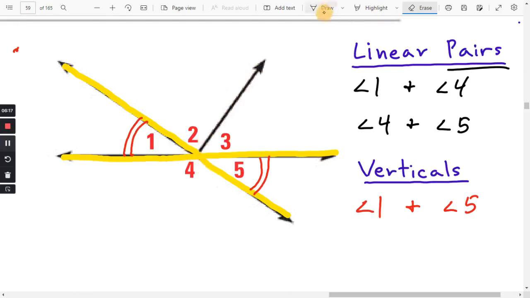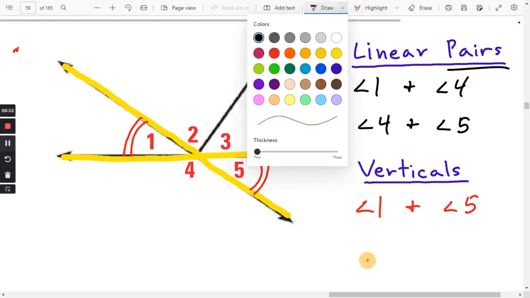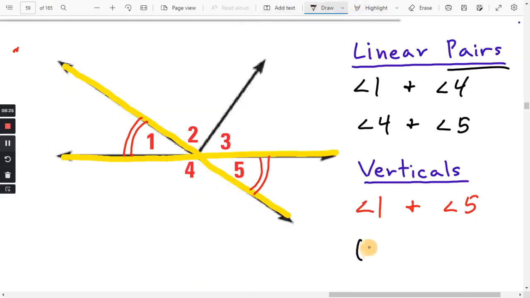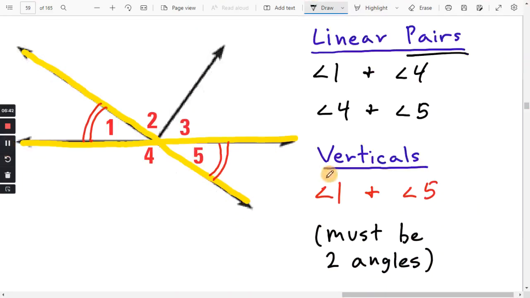So for the vertical angles, just like the linear pairs, I'll put in parentheses that it must be a pair. Must be 2 angles. So that's it for all the vertical angles. There's just 1 pair of vertical angles.